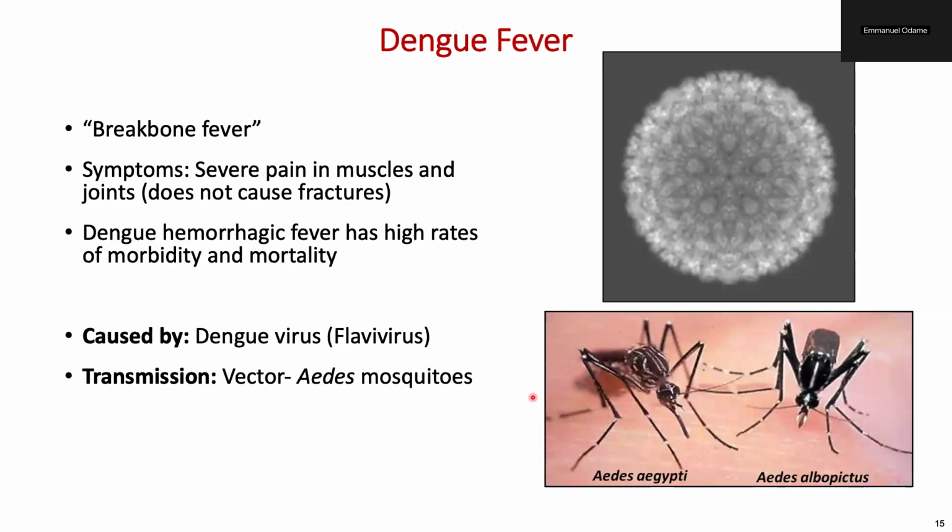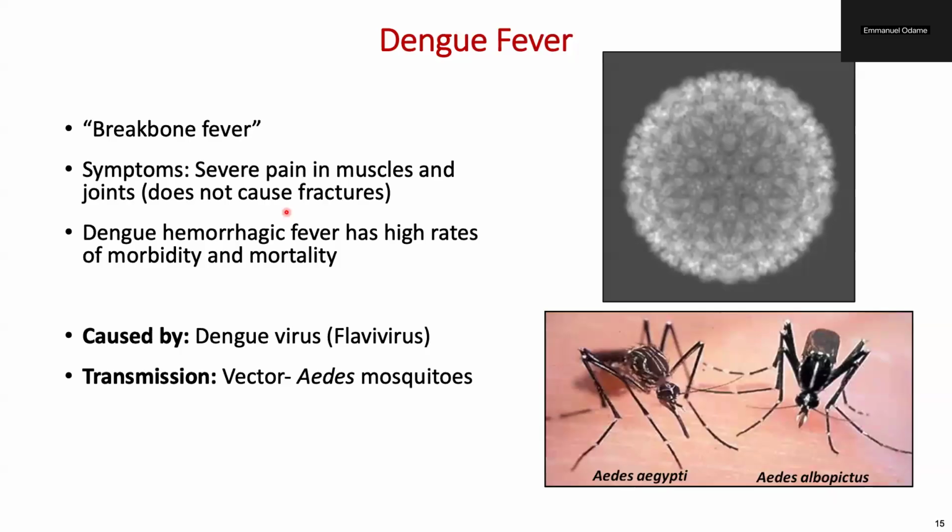So now let's take it one after the other. First one is dengue fever, which we call the breakbone fever. It's more popular or endemic in Southeast Asia and in India, and also in South and Central America, the Caribbean, and also in Mexico. Symptoms include severe pain in your muscles and joints, which does not cause fractures.